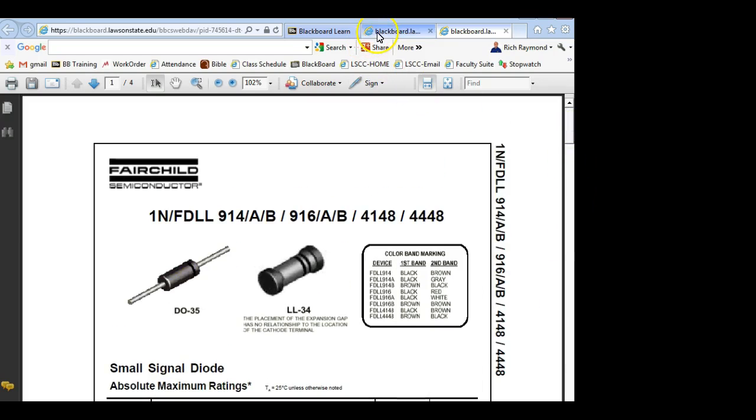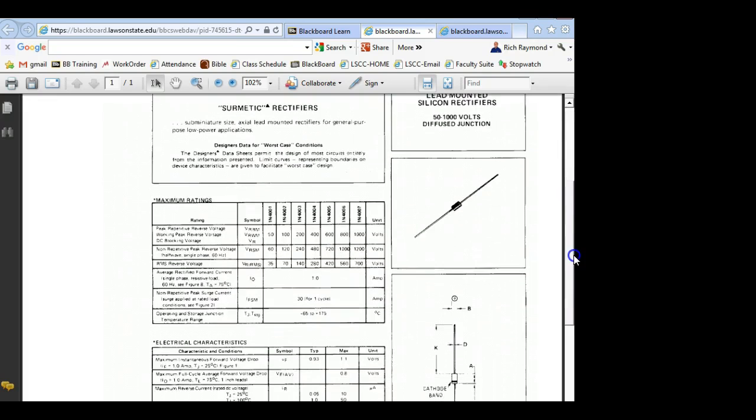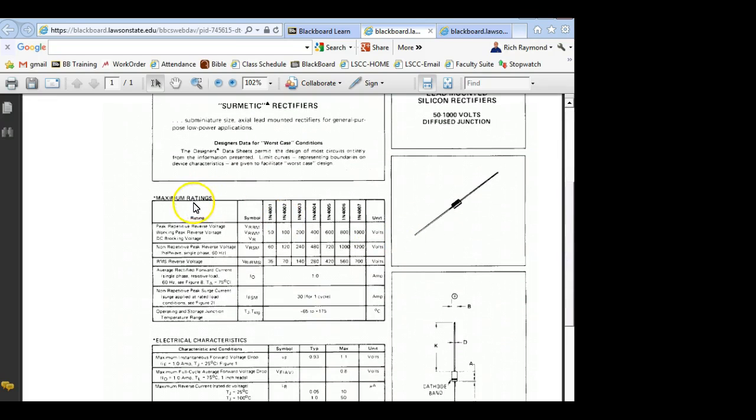So let's go back and look at the other one, which we're going to use a lot, the 4000 series. The data sheet actually goes from 4001 to 4007. And what varies, I think we already talked about this, when I look at the maximum rating table, the only thing that varies is the what? The breakover voltage.